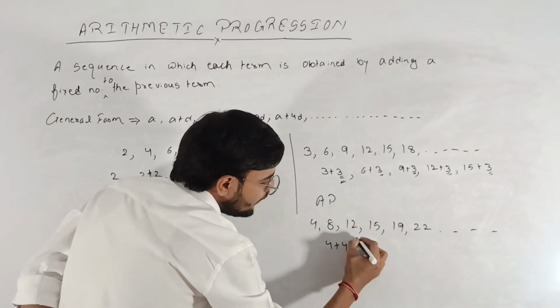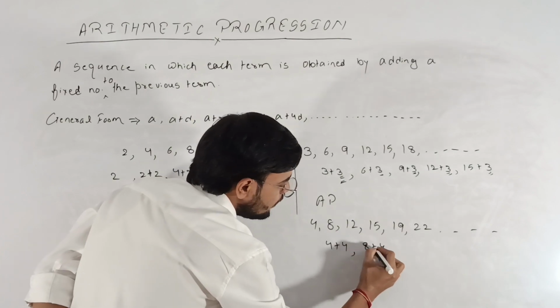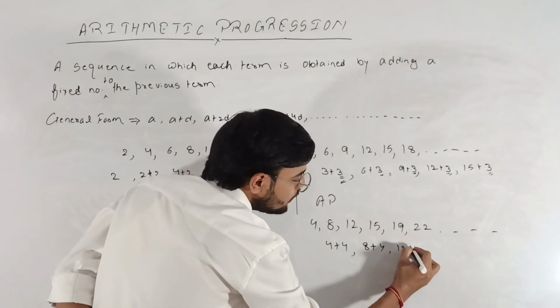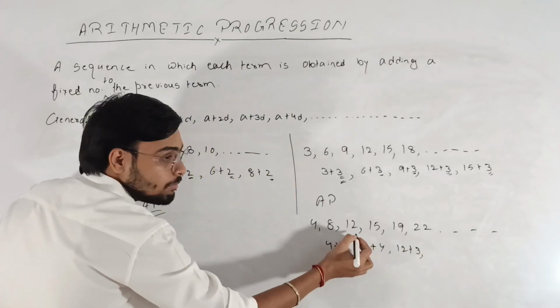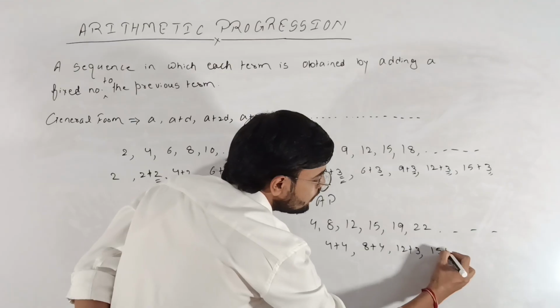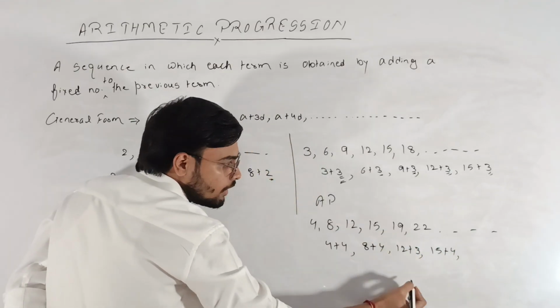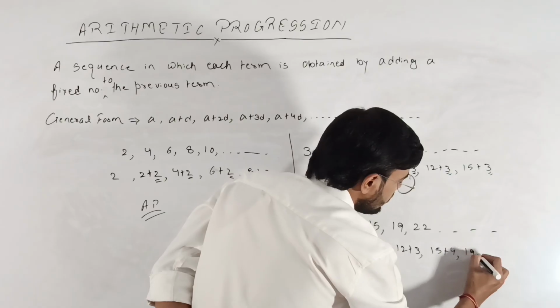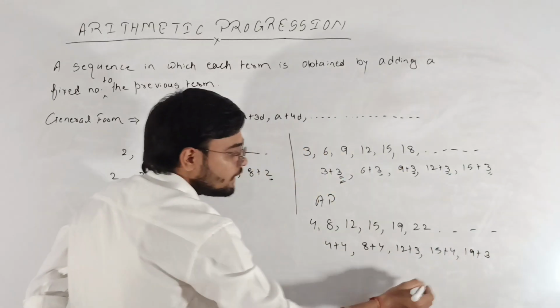Now for 12 again I add 4 to this 8, then I get 12. Now 15, what do I add? I add 3 to 12, then I get 15. Now for 19 I add 4 to 15, then I get 19. Now for 22 I add 3 to 19, then I get 22.